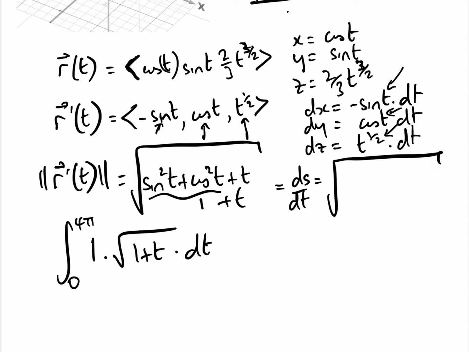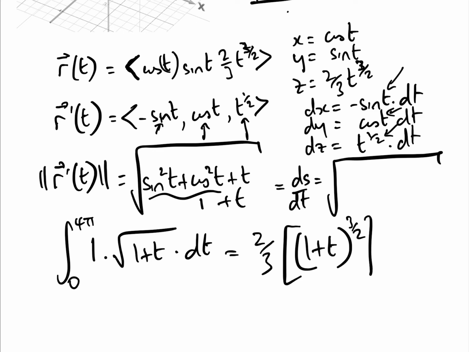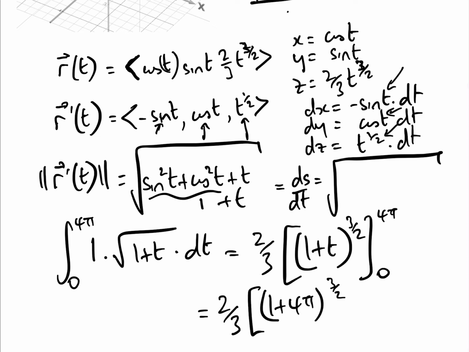This is going to be the length of the wire, which equals 2/3 (1 plus t) to the 3 over 2 between 4 pi and 0, and that is 2/3 times (1 plus 4 pi) to the 3 over 2 minus 1, and that is the length of the spring.